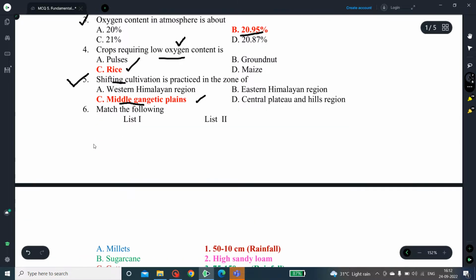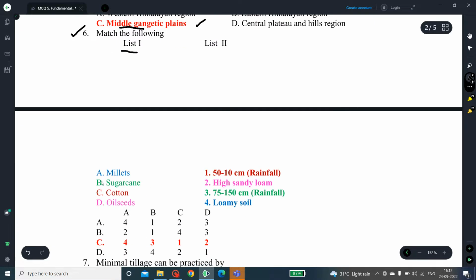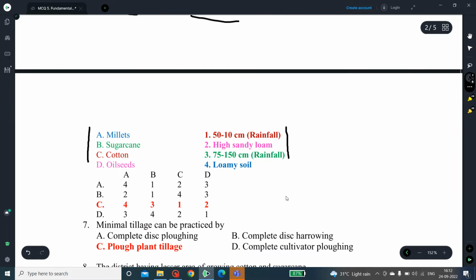And the sixth question: match the following. List 1 contains 4 items, and list 2 contains the 4 answers. Millets need loamy soil for better growth.